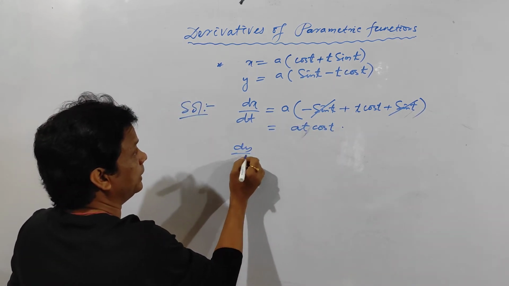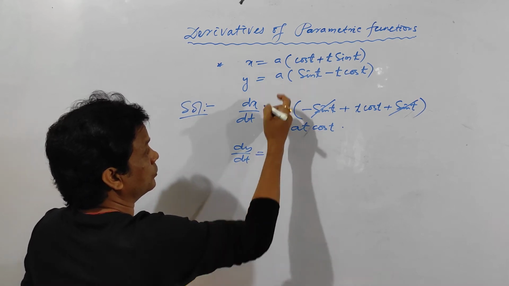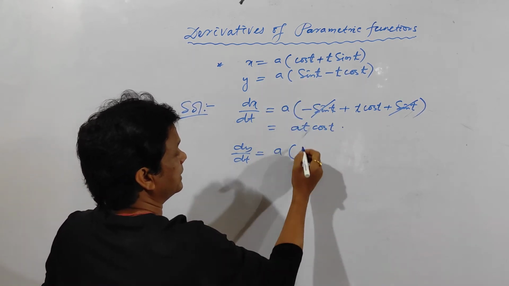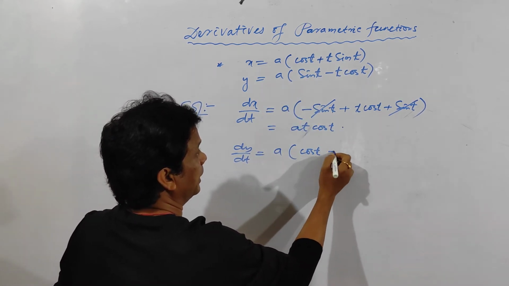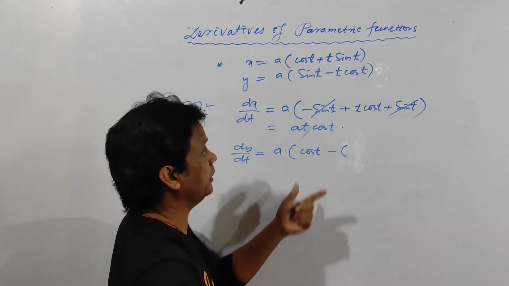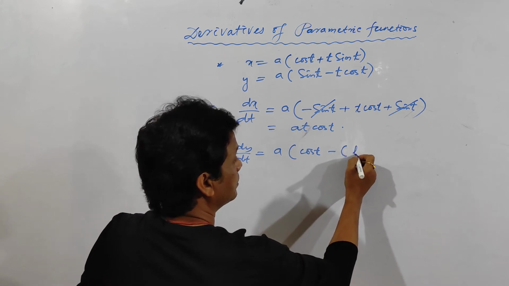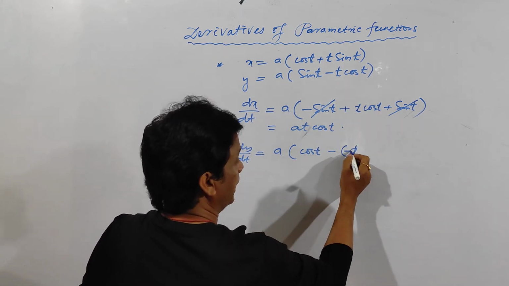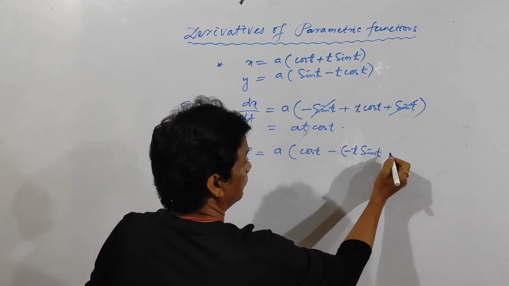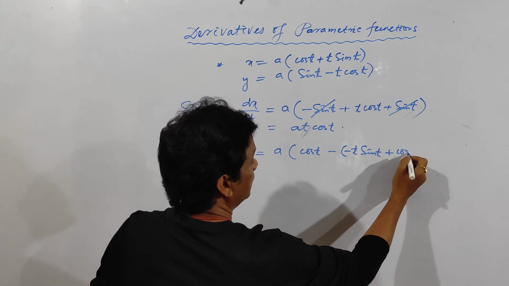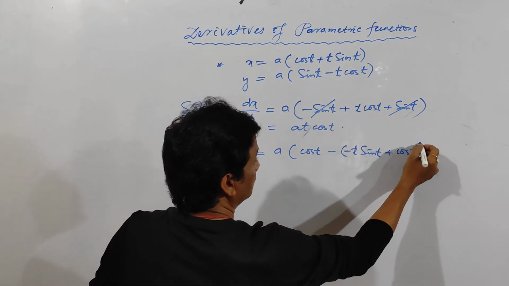Again dy by dt. So a is constant, derivative of sin t is cos t. Clear? Minus. Again I am putting a bracket here. So apply the product rule, uv. T is constant and derivative of cos t is minus sin t plus cos t, derivative of t is 1.